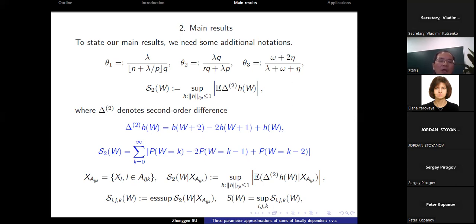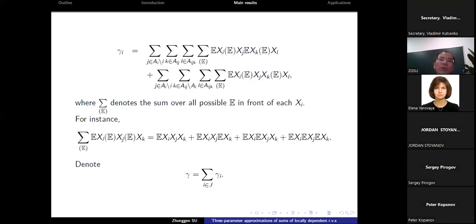And I also need some analogs of S2 of W conditioning on X_{A_ijk}. That is the definition of S2 of W conditioning on X_{A_ijk}, and then we define S of W, which is used in the upper bound of our theorem.